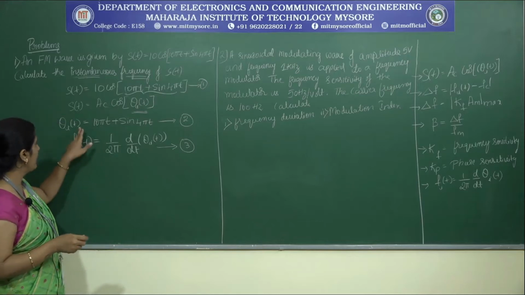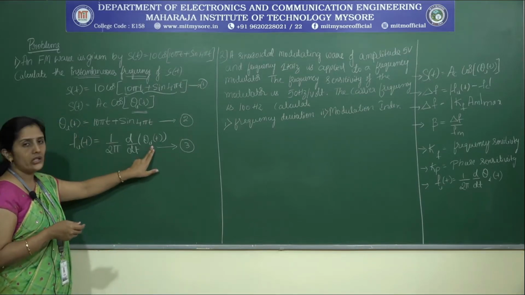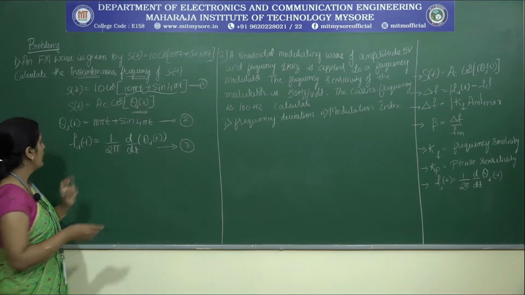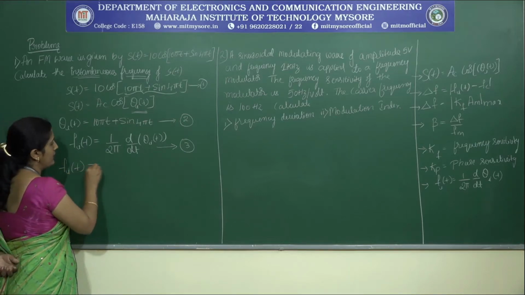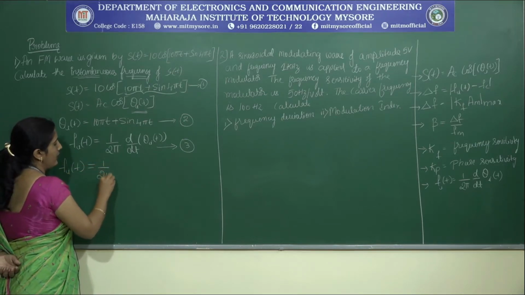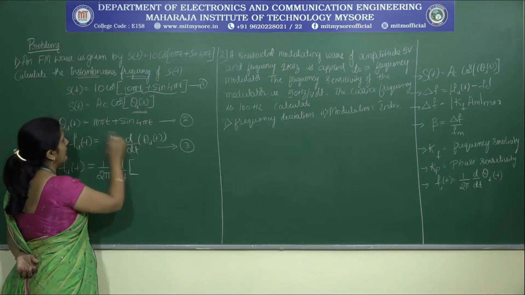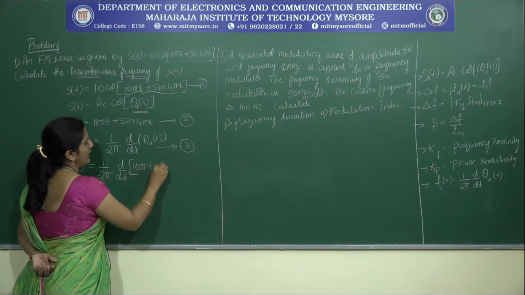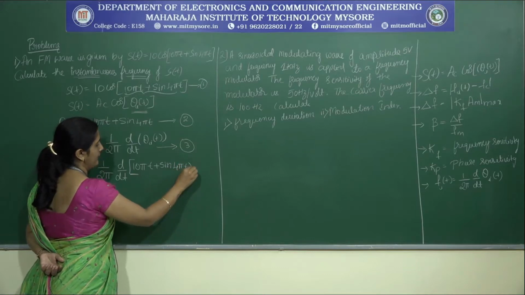Now you can see we have got the equation for theta i of t. So substituting in this equation, we have to differentiate that particular thing. f i of t is equal to 1 divided by 2 pi times the differentiation of theta i of t, which here is 10 pi t plus sin 4 pi t.